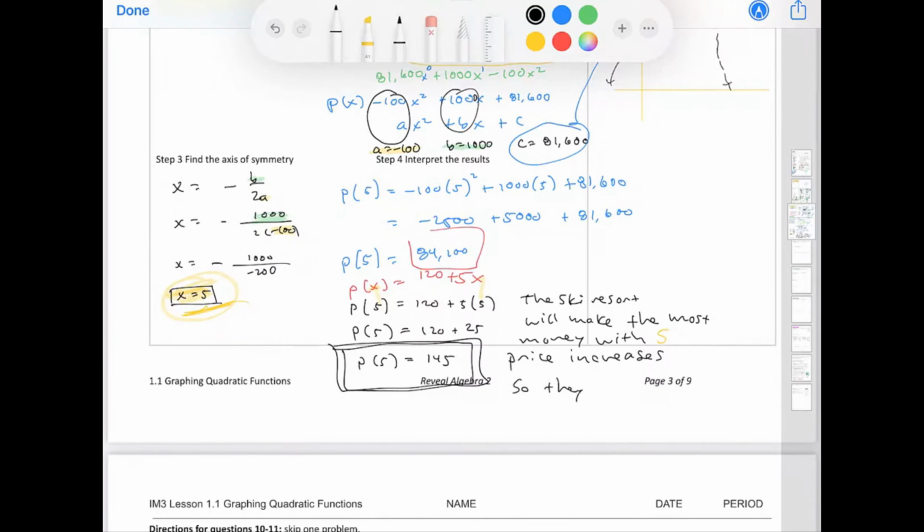So they can charge, what was the Y amount? $145 for each holiday weekend pass.